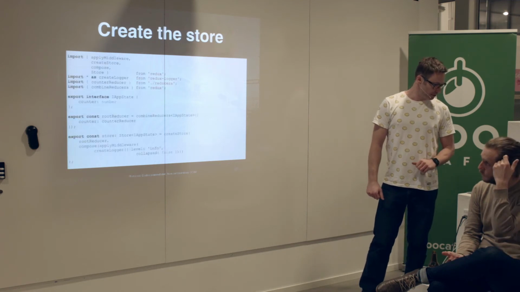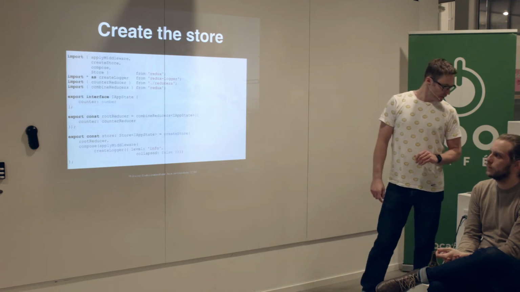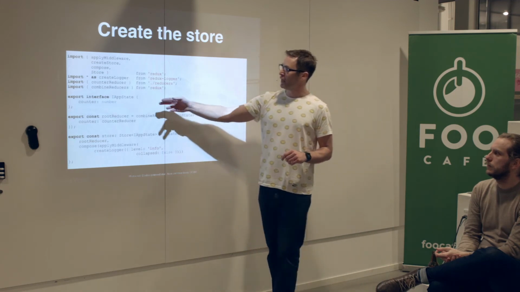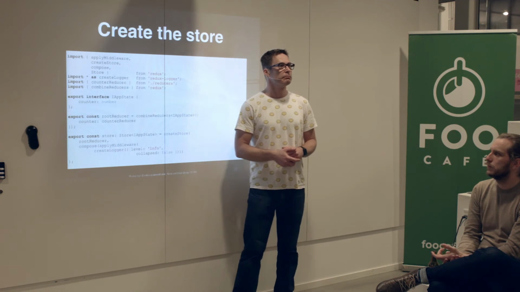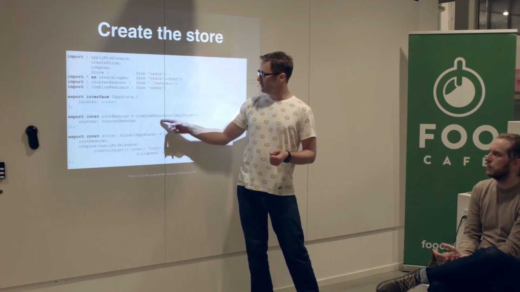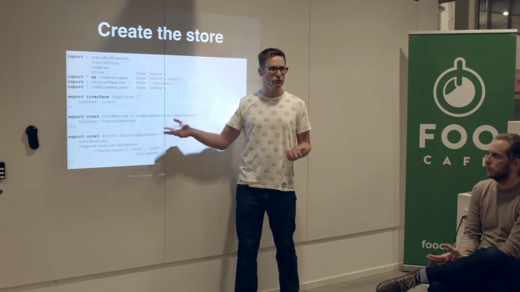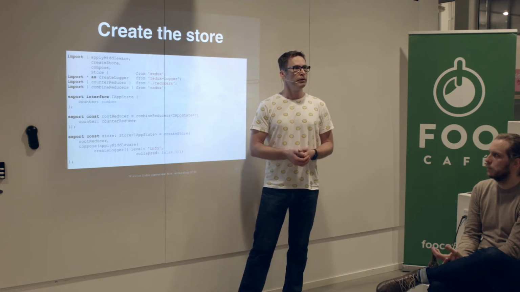Now we create the store. We define our application state. It has a counter and it's a number. We combine the reducers for our application state, and here we use combined reducers because we can have multiple reducers.